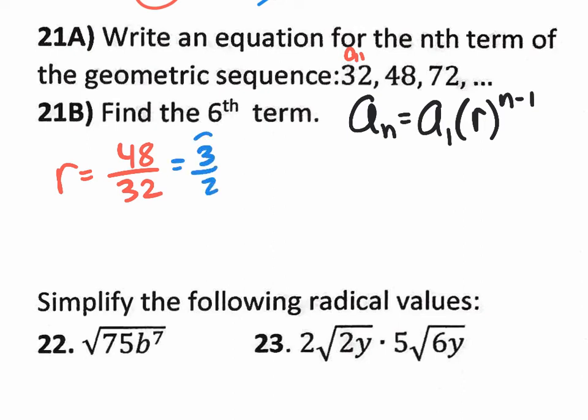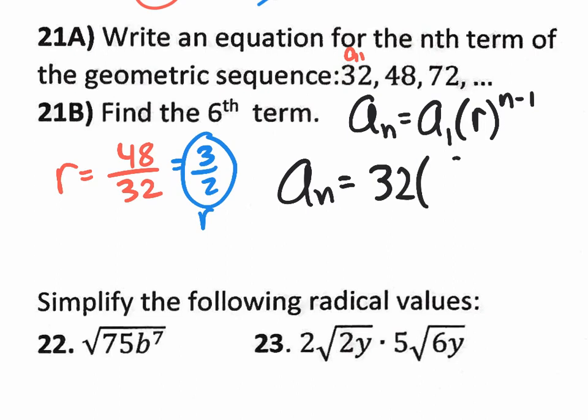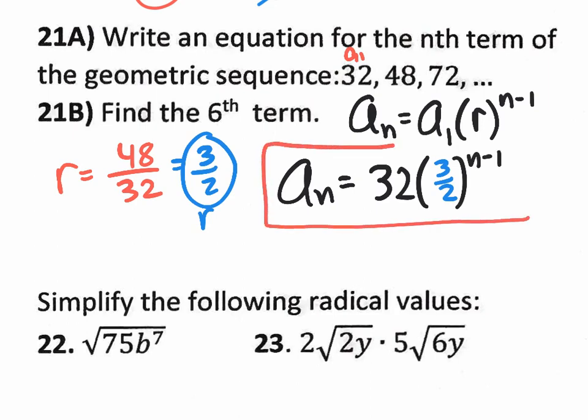So this is your common ratio, r, 3 over 2. So we're going to write the equation. A sub n equals a sub 1, which is 32, times the common ratio, which we found out was 3 over 2, to the n minus 1 power. So this is one part of your answer.